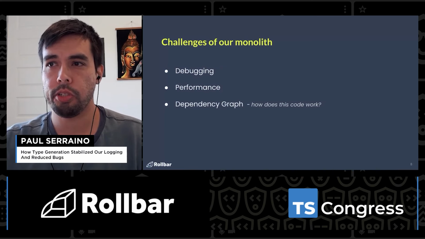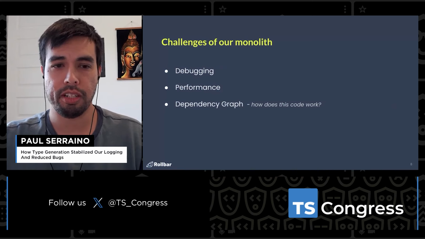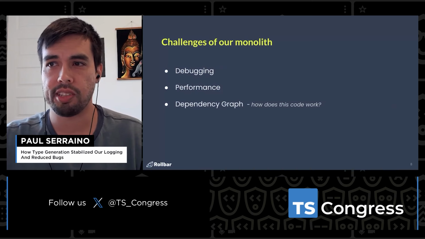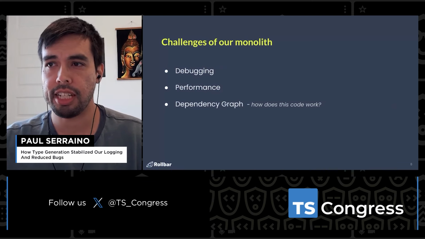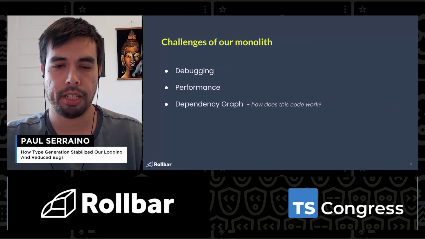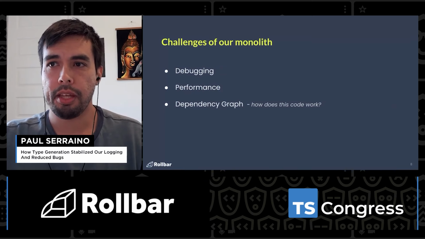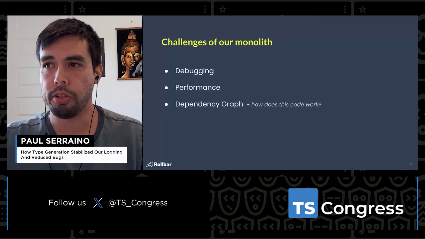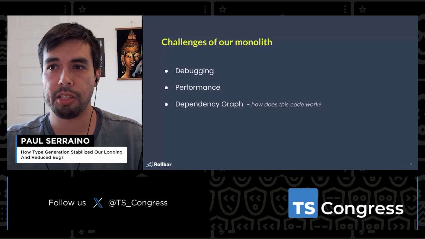Performance is another issue with our monolithic code base, and it's mostly due to inefficient code. For example, things like making duplicate database calls and doing heavy post-processing on fetching data has been a pretty big bottleneck. And we've also experienced issues with just navigating through code. It could sometimes take hours to fully understand how some things work.